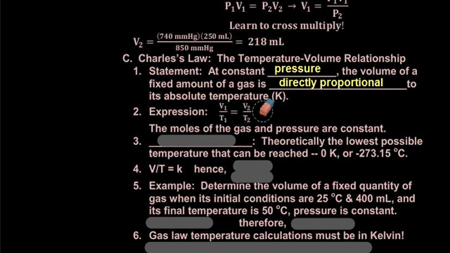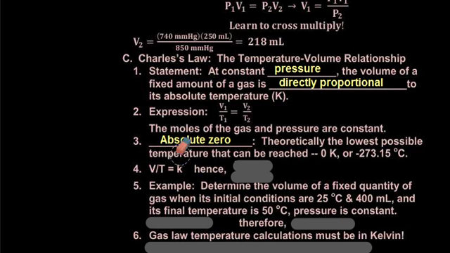That expression is V1 over T1 equals V2 over T2. So as the volume goes up, the temperature needs to go up, or if the volume goes down, the temperature has to go down, where the moles of the gas and the pressure are constant.